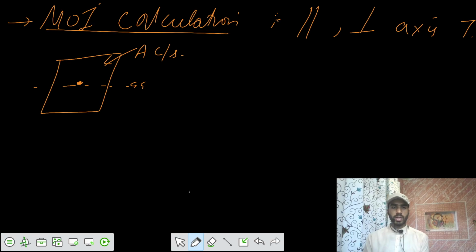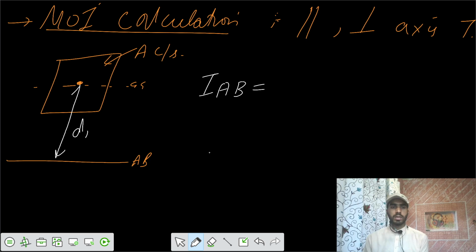You want to say about a line AB. You want to say what's the value of second moment of area about the line AB. So let's say this is at a distance of D1 from the centroid. So we can write IAB equals to the moment of inertia of that area about its own centroidal axis IG1 plus that area into D1 square.